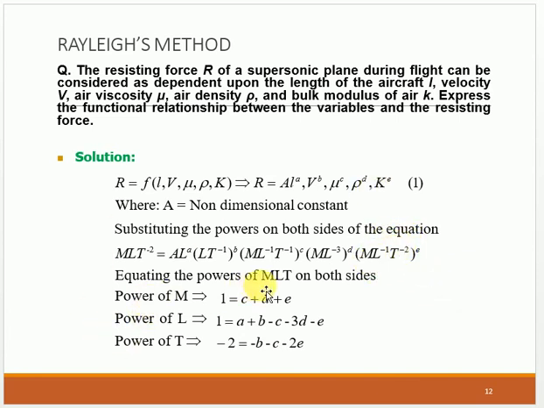So equating the powers of M, L, T on both sides of the equation.